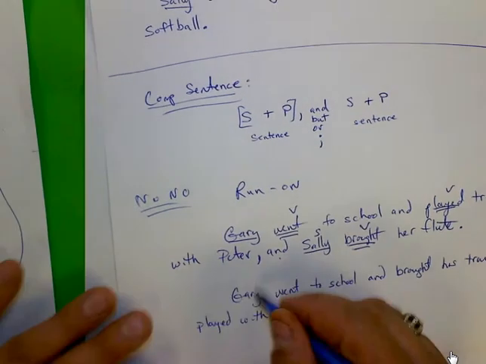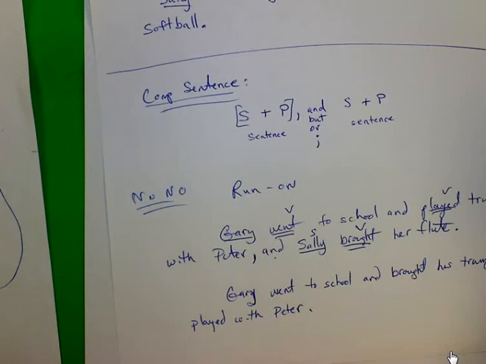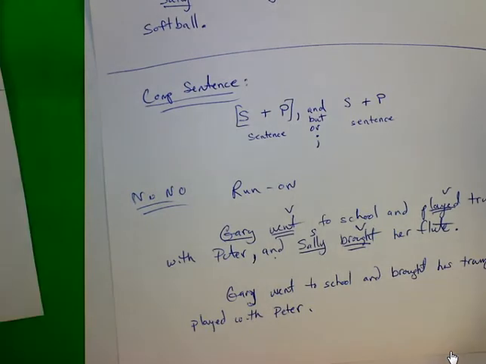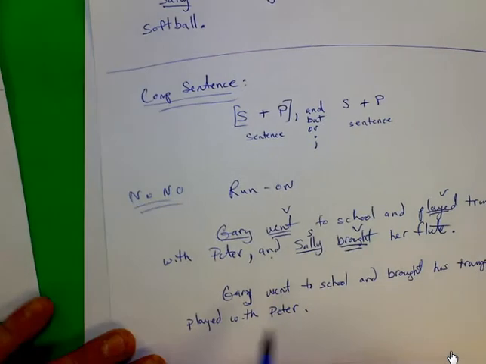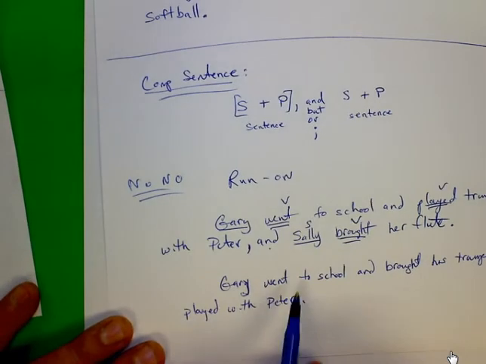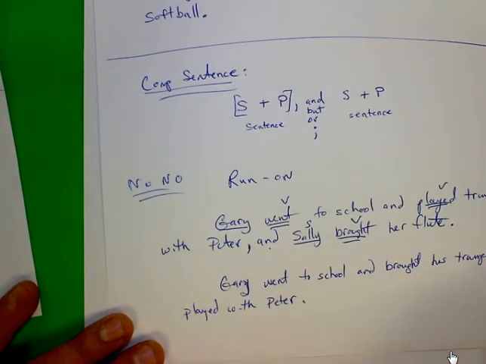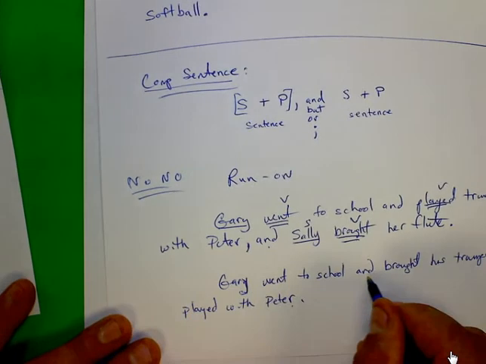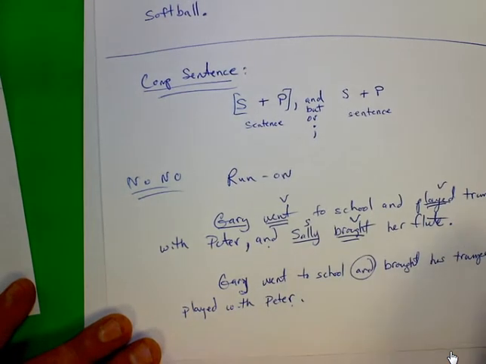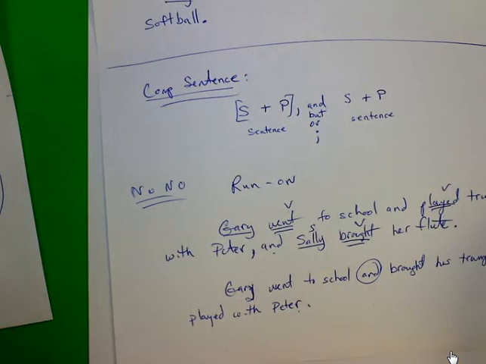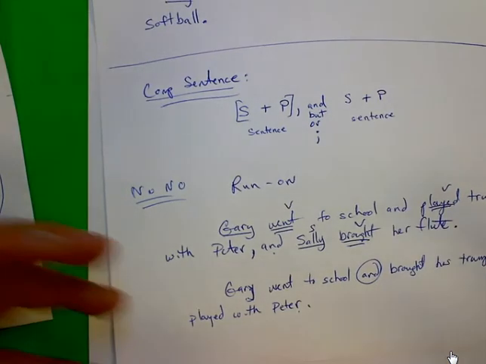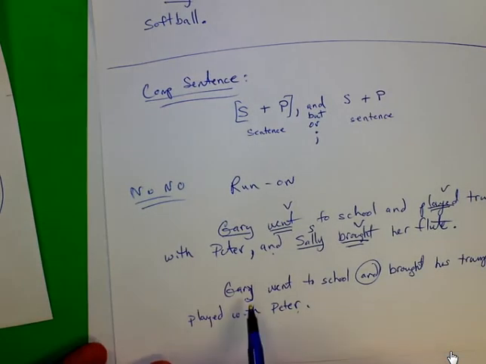Now, we're borderline run-on sentence here, and I would probably label it as a run-on if students wrote this. Because listen to it. Gary went to school and brought his trumpet and played with Peter. You only have two conjunction ands here, but there's an easier, more concise way to write what we're doing here. He went to school and he brought his trumpet and he played with Peter.